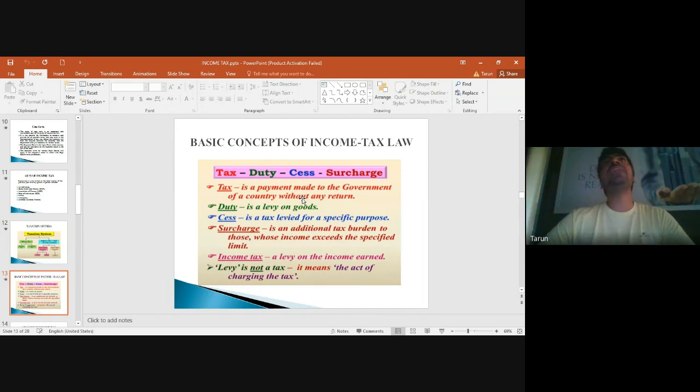Next one is duty. Duty is a tax that is always imposed on goods and services only. Next one is cess. Cess is a tax which is levied for a specific purpose, for example, education cess.